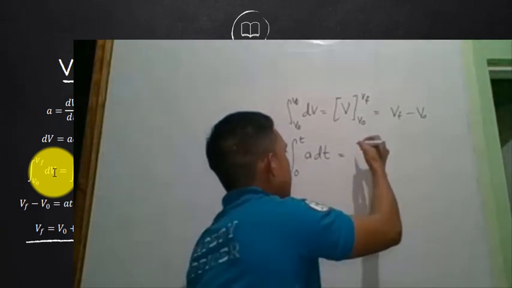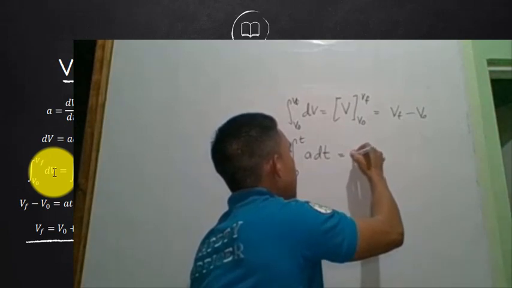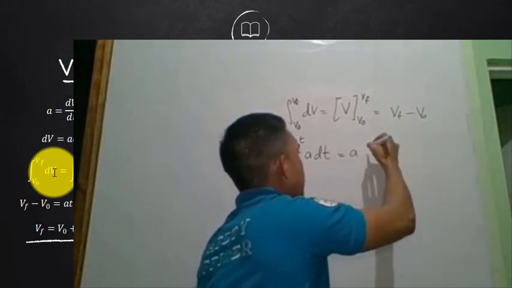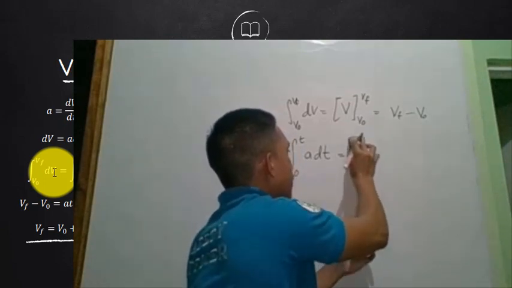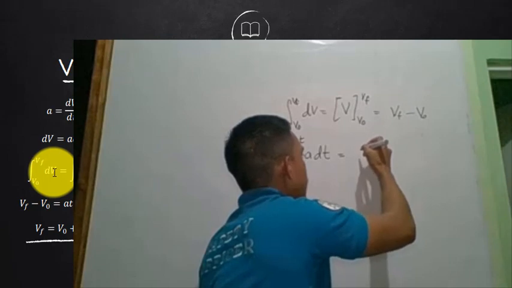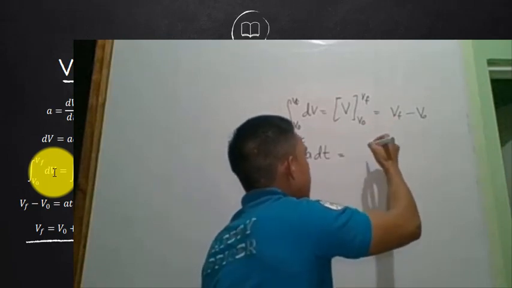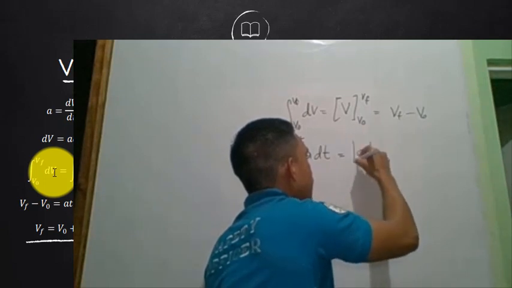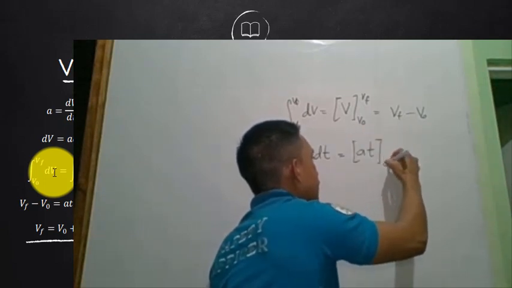Let's say that is a constant, so you can just bring a outside, and then integrate dt, or okay, you can put that together, your a, and then integrate dt. So you are just integrating dt, cancels the integral and the derivative, so that is just at. But do not forget again, there are limits from 0 to t.